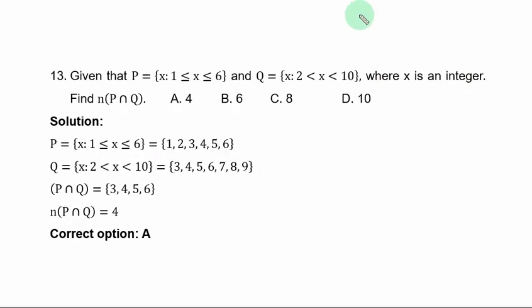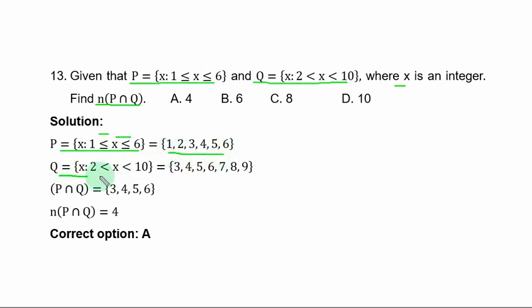Question 13. Given that P is equal to this and Q is equal to this, there are two sets where S is an integer. Find the number of elements in P intersection Q. Solution. This is set P. By the given symbol of inequality, 1 and 6 are inclusive.